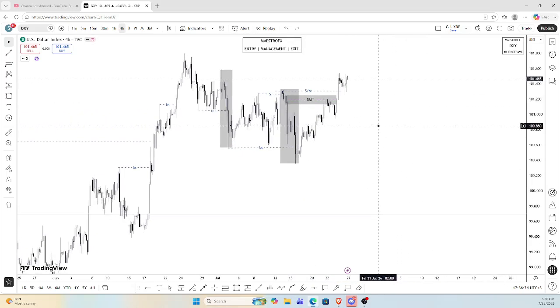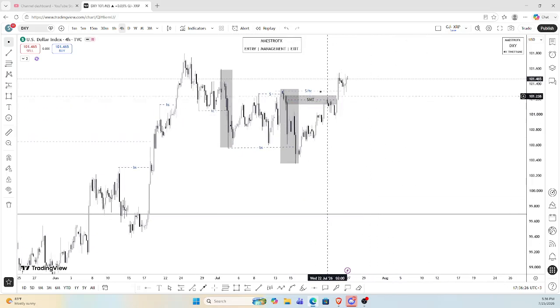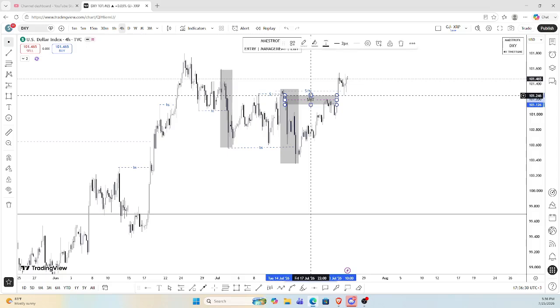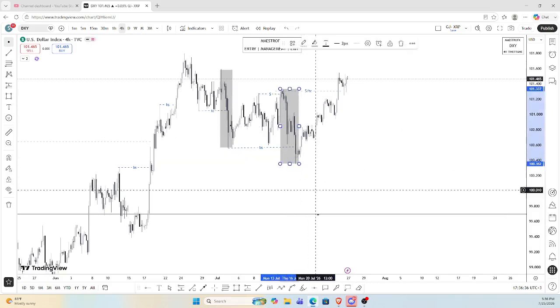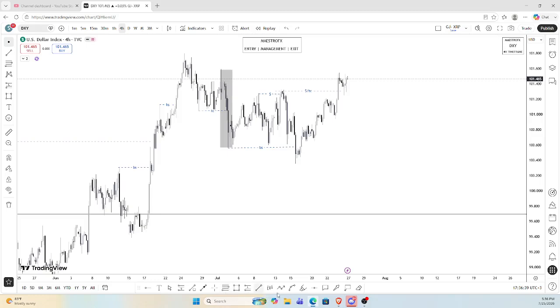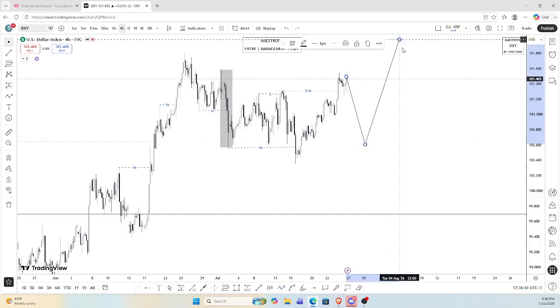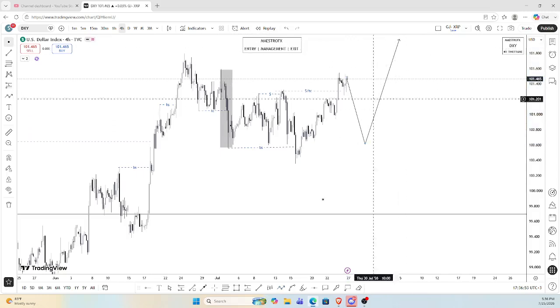These movements on the 4-hour are very significant. And so this coming week, I'll be looking for this correction to take this internal liquidity, and this last internal liquidity, before we push up.